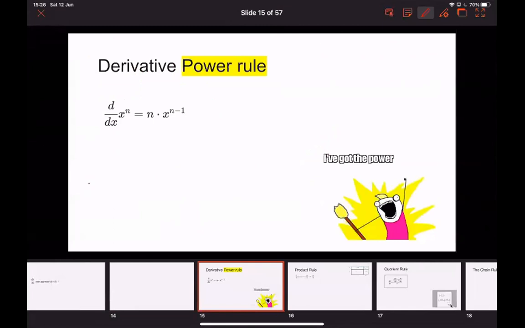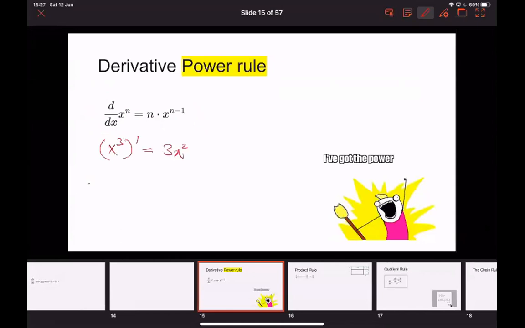Okay, the next thing is the derivative power rule. Thank you, Gista. If you have x to the power n and you want to find the derivative, this is how it works. We discussed already that the derivative of x squared was 2x. Let me give you some examples. If you have x cubed, the derivative becomes 3 times x squared.